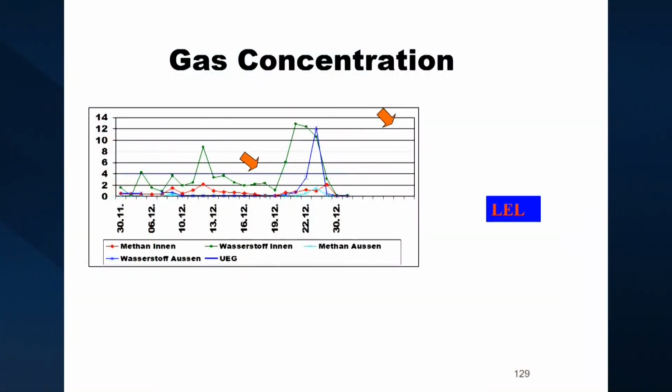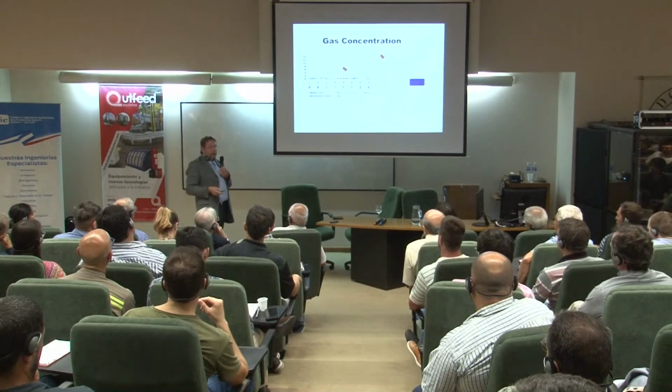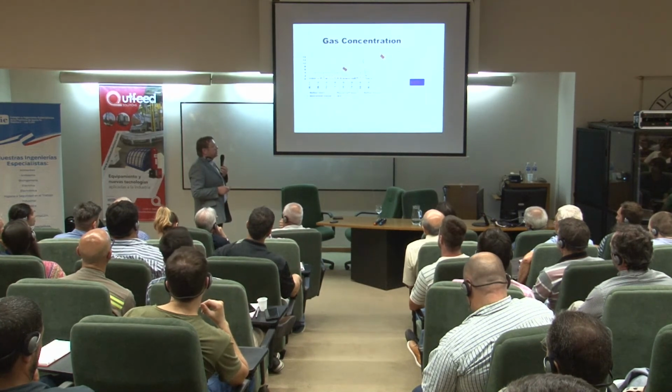And when I arrived just before New Year's Eve, we were in the explosible range, but then it took a few hours with all the inert gas that we could blow in to make sure that the fire was controlled.